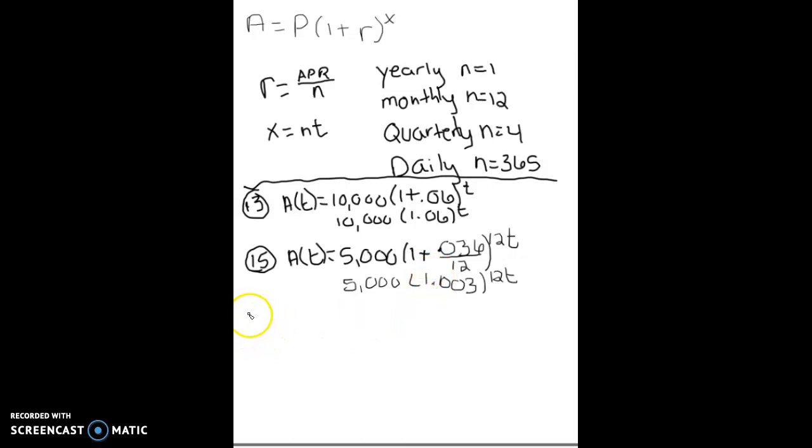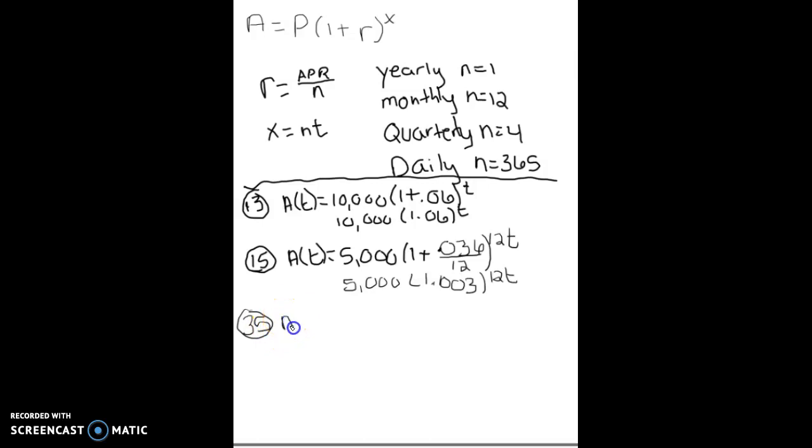Now numbers 35 and 38, you've got to get the setup and you've got to calculate. So 35, it's $2,500, compounding quarterly. This one's at 4% for 10 years.